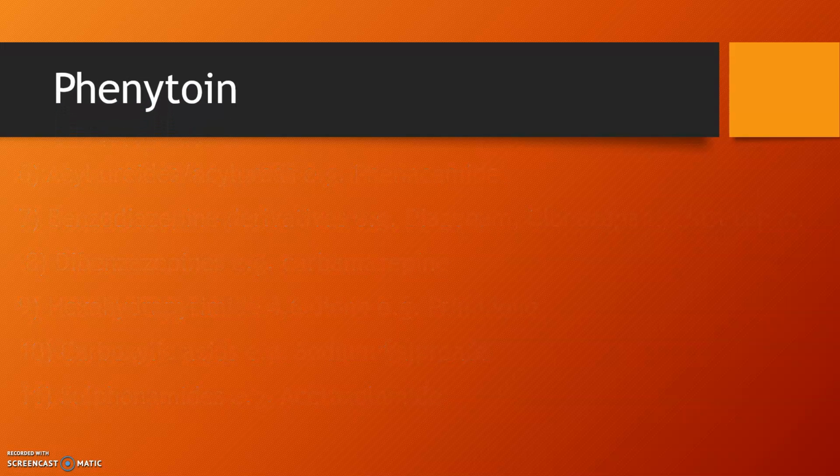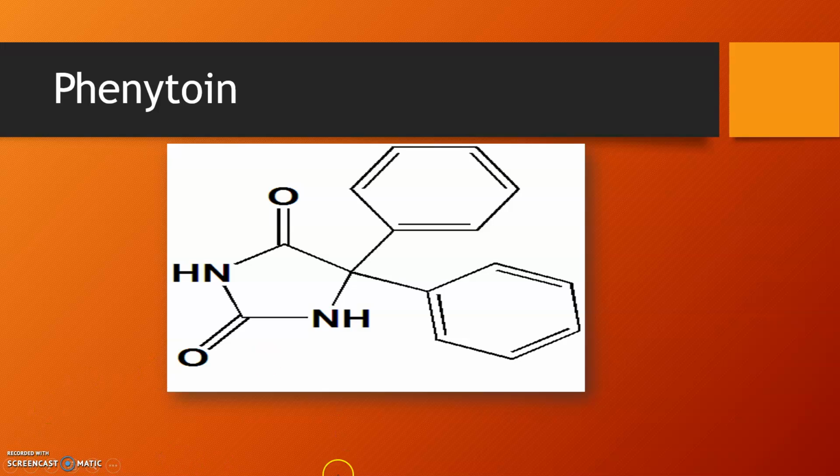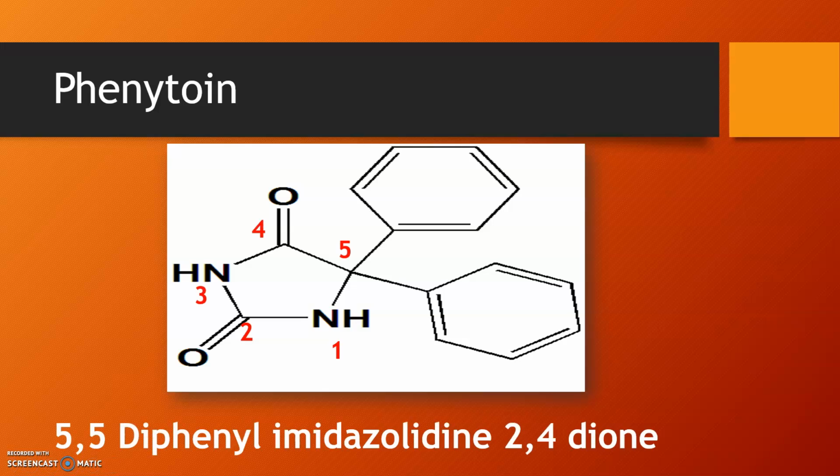Now the first drug is phenytoin, and here is the structure of phenytoin. Just number it first, then identify the substituents and write down the chemical name. Here is the chemical name: 5,5. At position number 5 there are 2 phenyl rings, that is diphenyl.